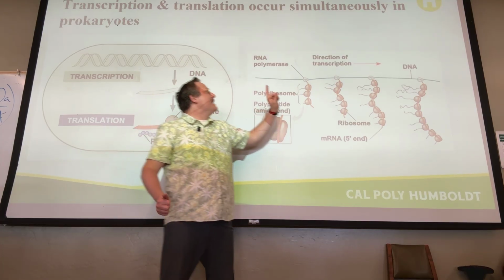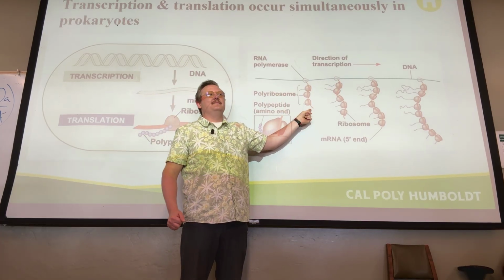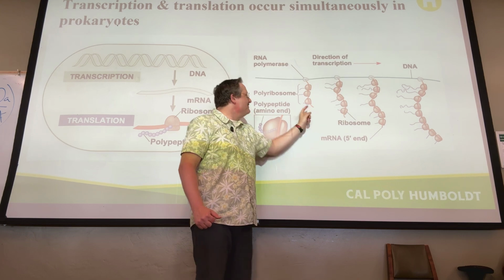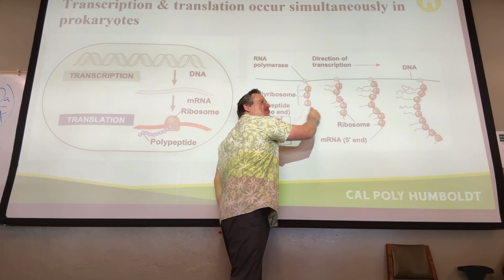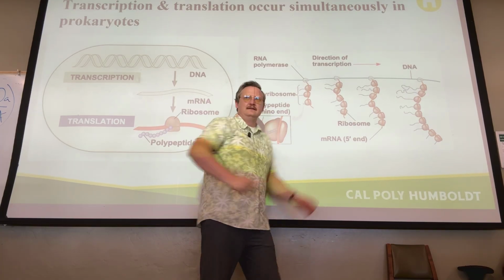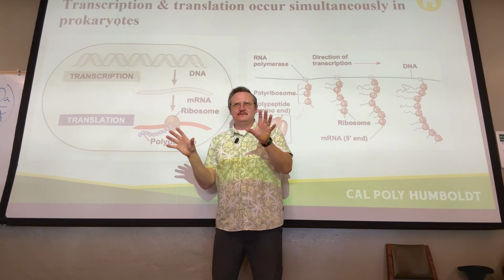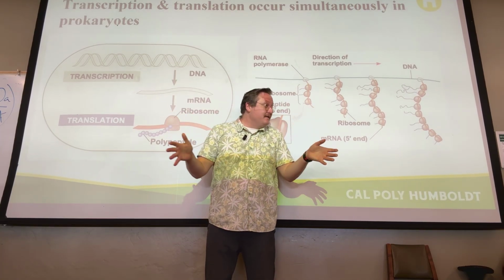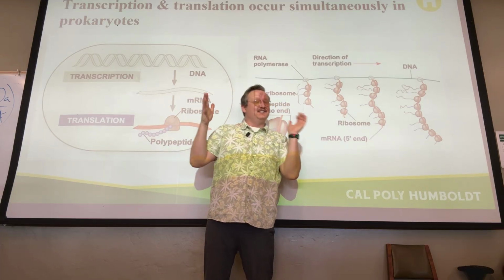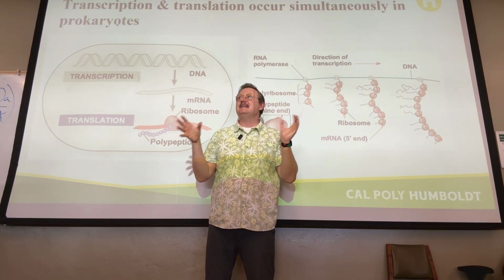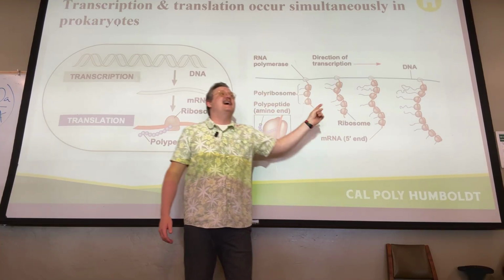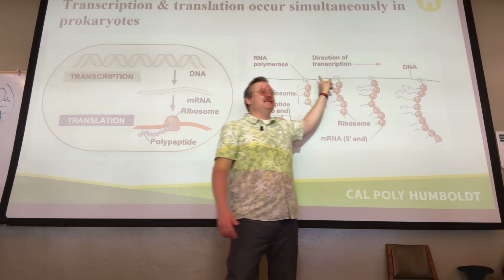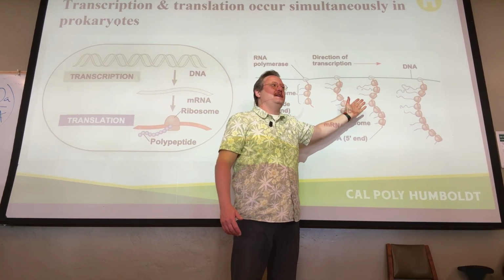Because the RNA must be made in the 5' to 3' direction, the 5' end of this mRNA molecule is what's protruding. Everybody cool with that? So if transcription and translation can occur simultaneously, that means the ribosome must attach to the 5' end, because the 3' end is not done. It hasn't broken off yet.